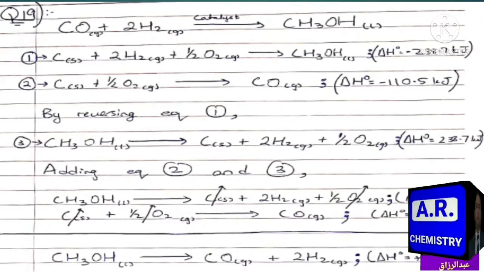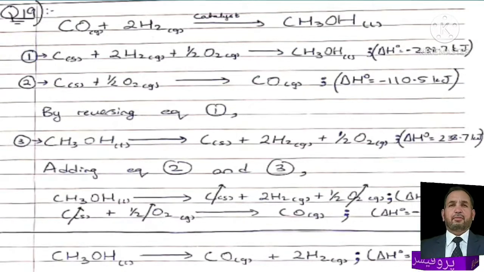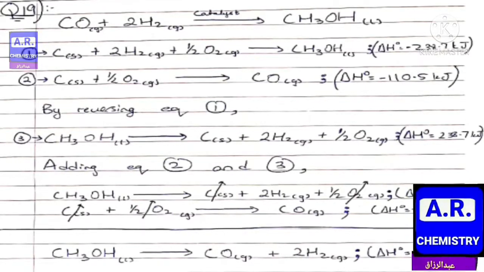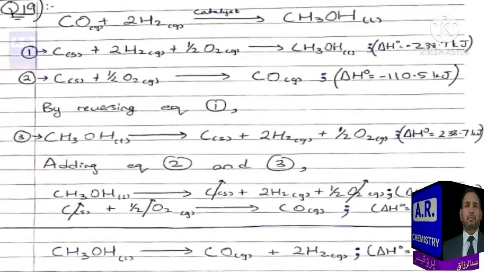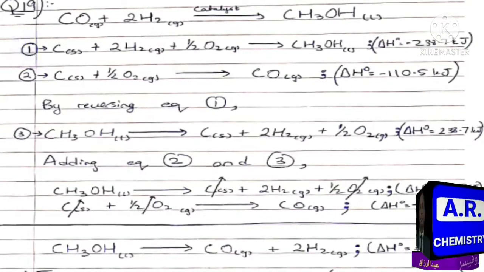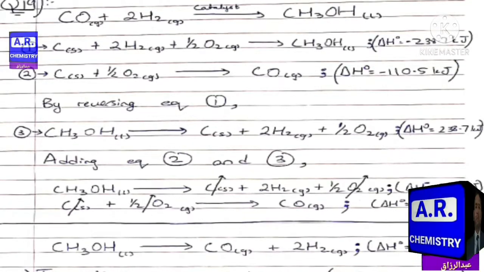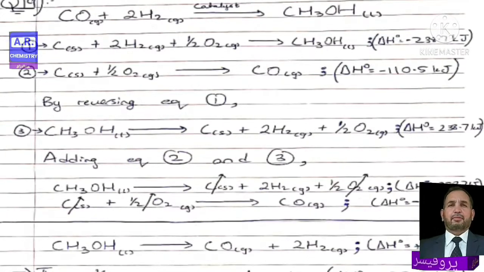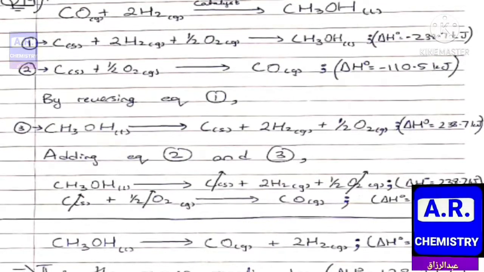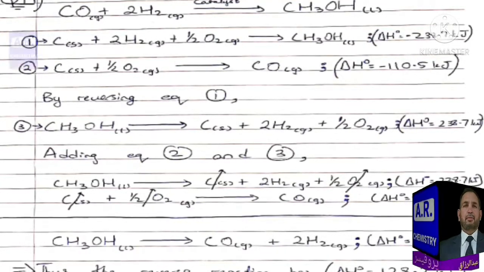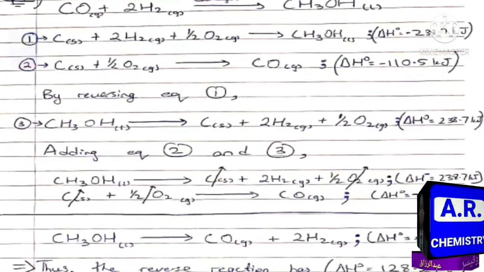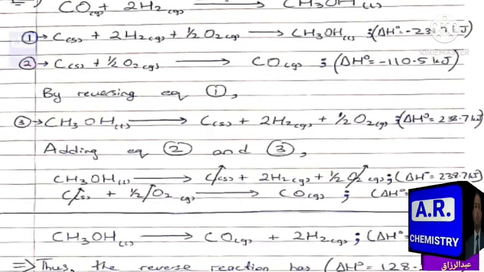Now after writing the equations from the data, reverse equation 1 so that you get methanol as reactant. After reversing equation 1, the new equation will be equation 3. In equation 3, we have on the reactant side CH3OH, that is liquid.